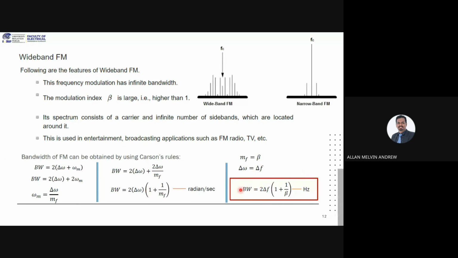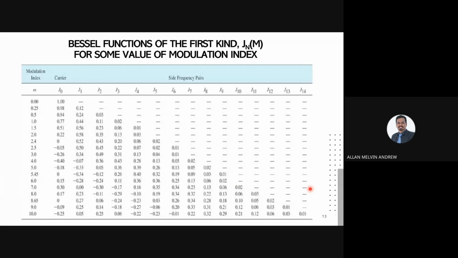So bandwidth for frequency modulation is 2 times the change in frequency, or the frequency deviation, times 1 plus 1 over the modulation index. The formula will be calculated in hertz. These are some of the calculations already available for you to use.